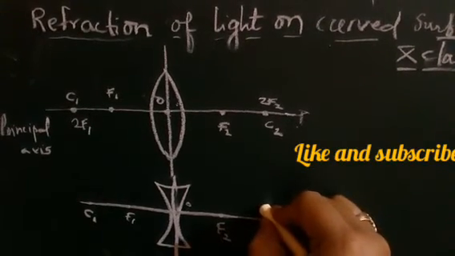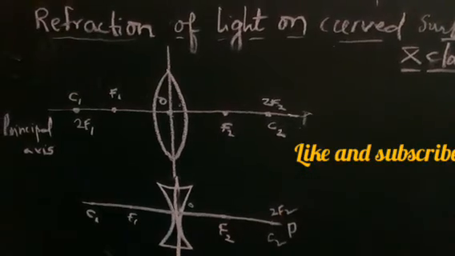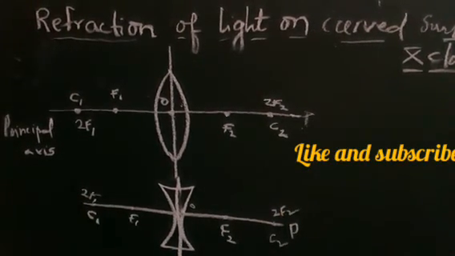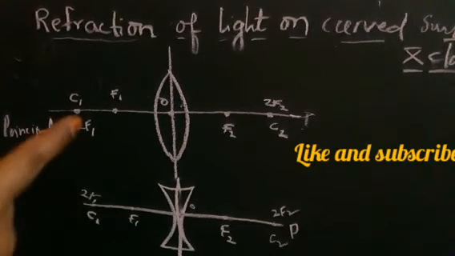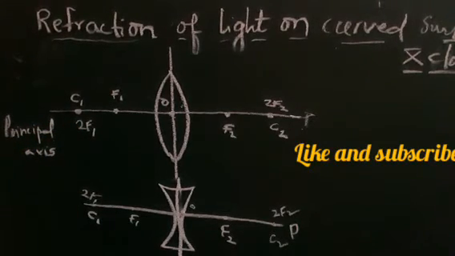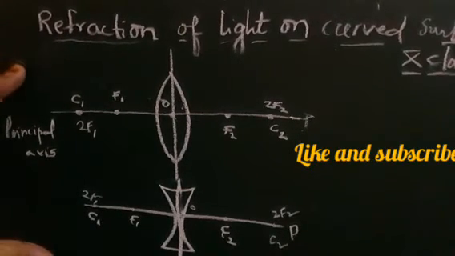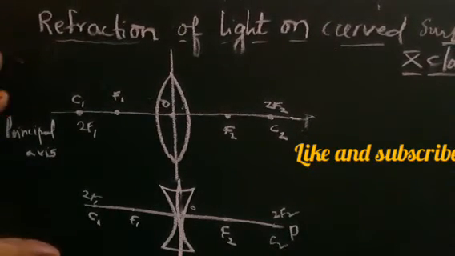Now here also C2 can be written as 2F2, and C1 as 2F1, right? So this is the basic presentation of how we are going to draw the ray diagram.